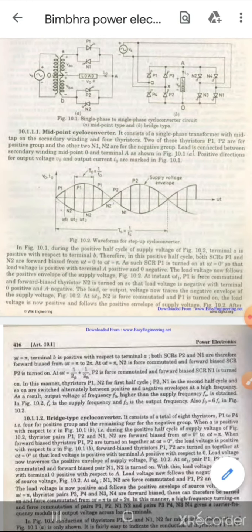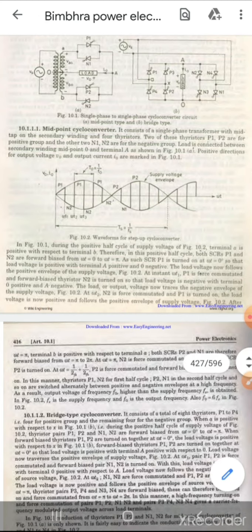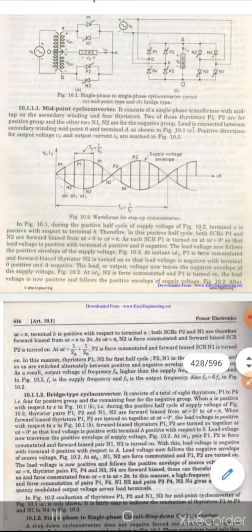A positive means P1 forward biased, and B negative means N2 forward biased.